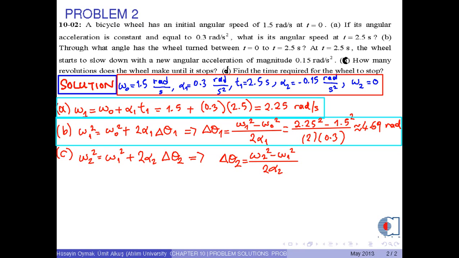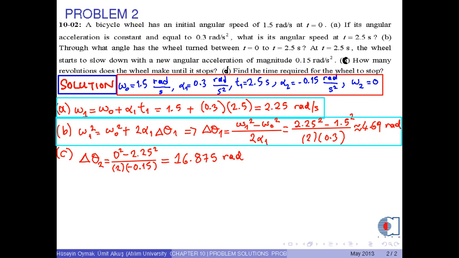Now, put the numerical values into this equation as 0 squared minus 2.25 radians per second squared, divided by 2 times minus 0.15 radians per second squared. And the result is 16.875 radians.